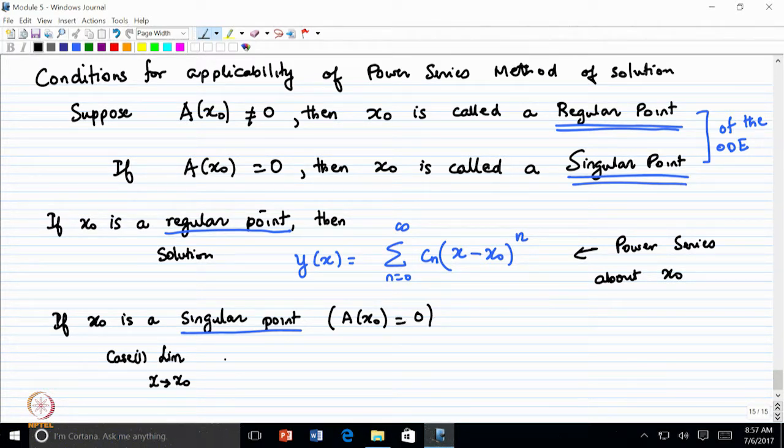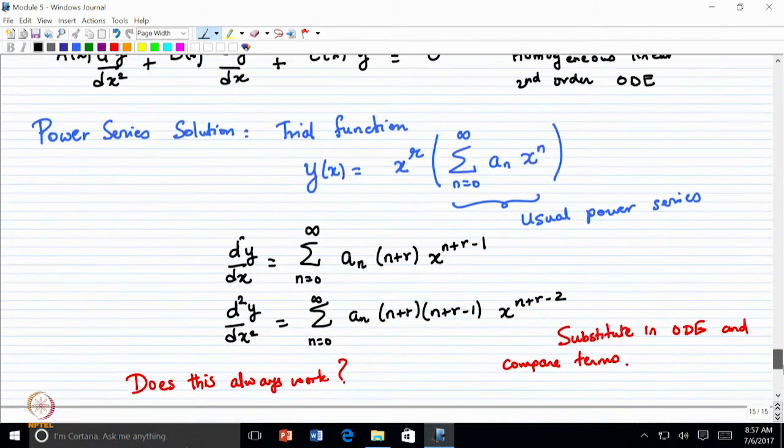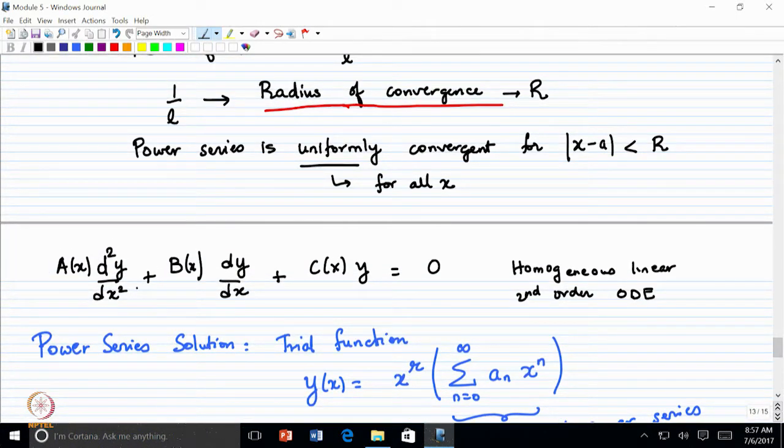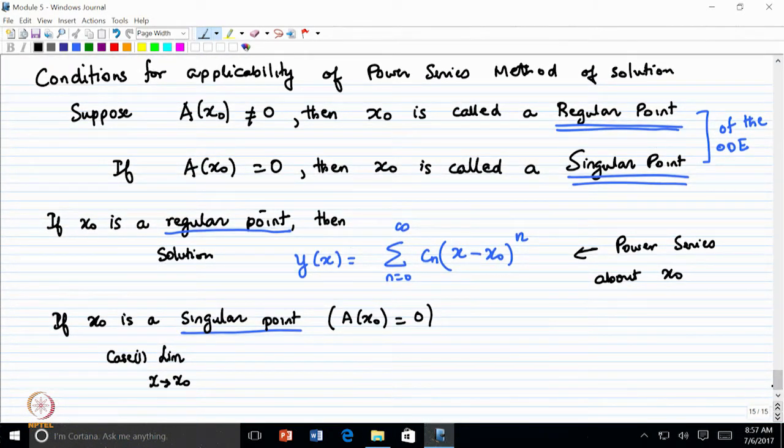Now you go back to the differential equation and if you divide the whole equation by a(x), you ask the question about b(x) divided by a(x). Now, since a(x_0) goes to 0, in this limit as x tends to x_0, it is very likely that it will go to infinity. Now, if it goes to infinity, there are different ways in which it can go to infinity.